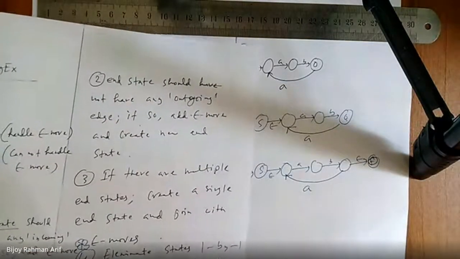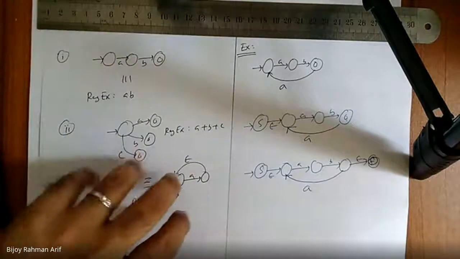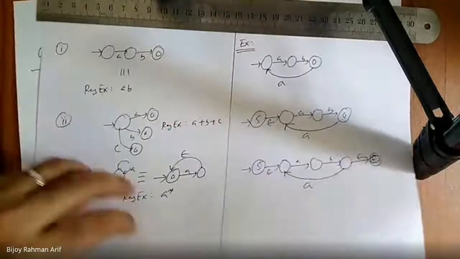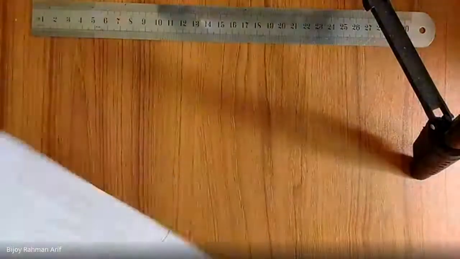And eliminate states one by one and compensate for the elimination. Now, we are going to eliminate states one by one and compensate for the elimination, except the start and end states.